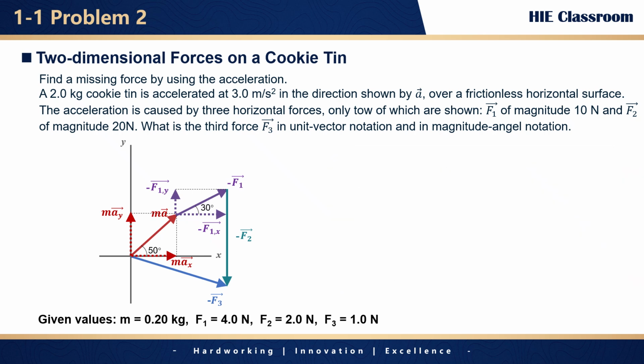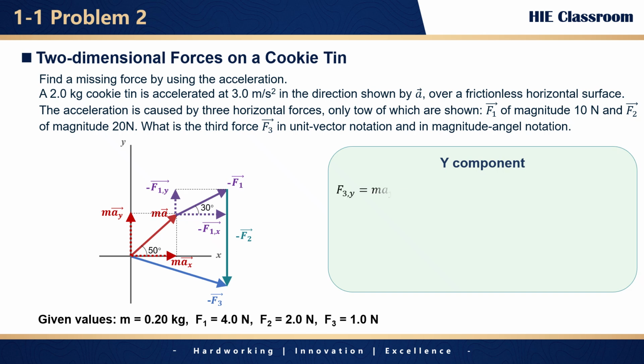Now let's look at the y components. We use the same approach along the y-axis. We can write F3y equal to may minus F1y minus F2y. The y component of the acceleration is a sine 30, so substituting it in, we will have ma sine 30 minus F1 sine negative 150 minus F2 sine 90.